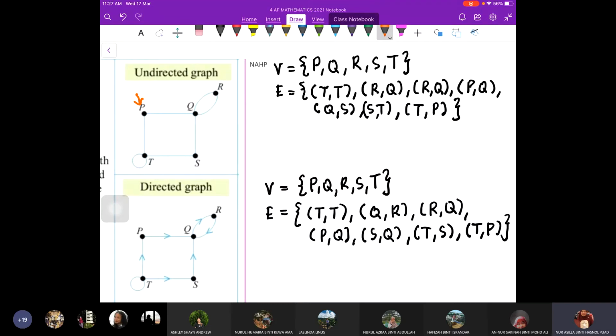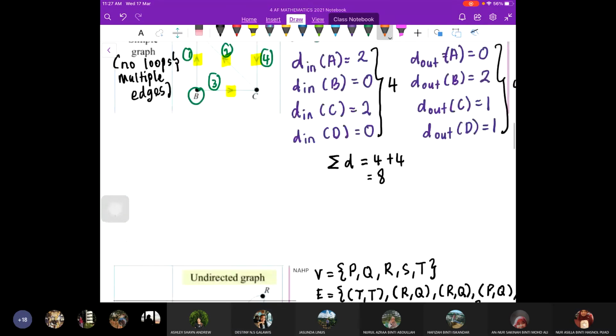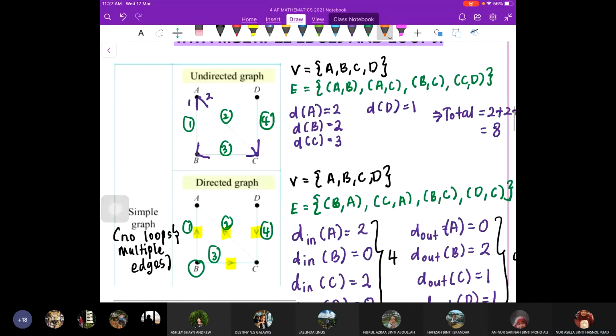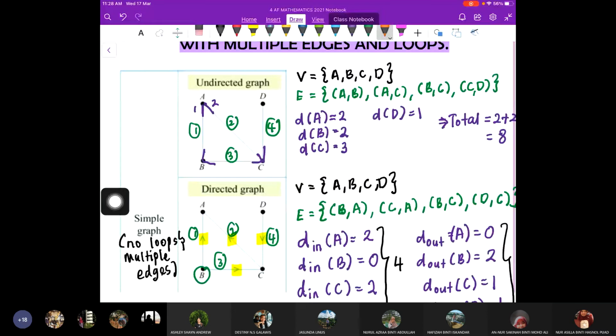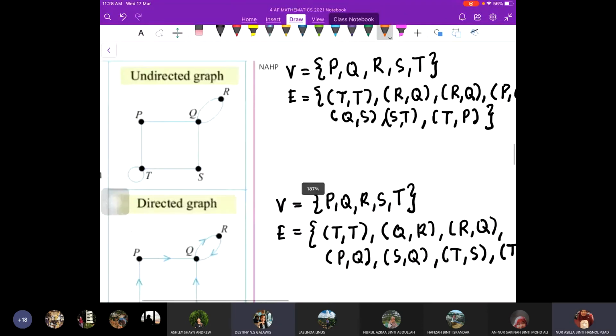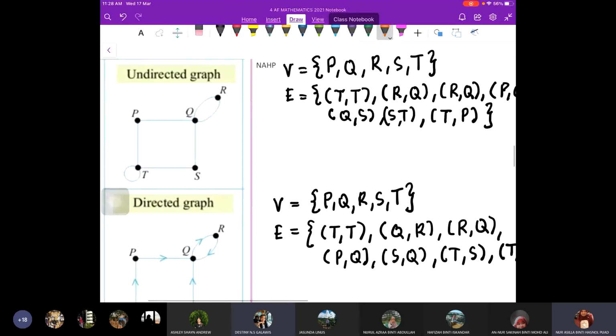Destiny. Destiny ada? P ada berapa banyak edges ya? Oh, okay. So P how many edges? Wait, miss, wait. Okay. Berapa banyak degree dia? Macam tadi kan? Kita kira degree macam mana? Degree for P is 2.